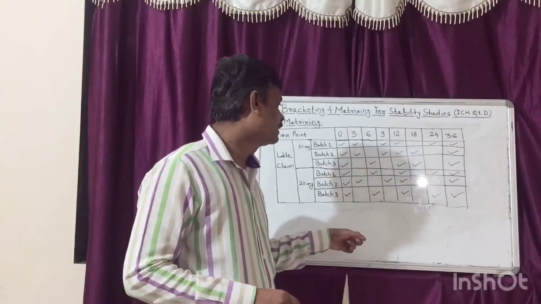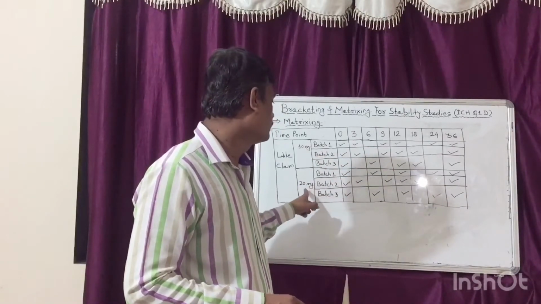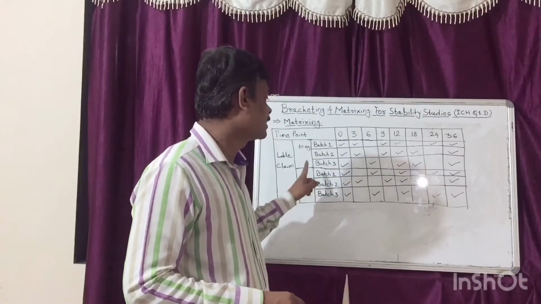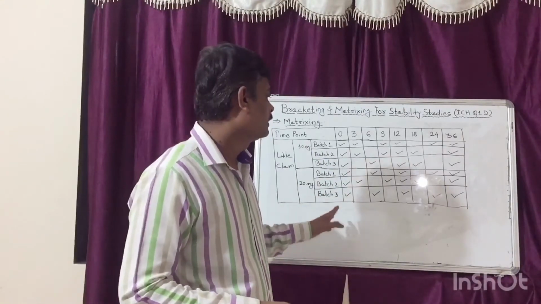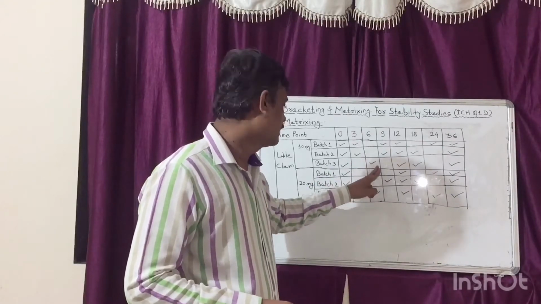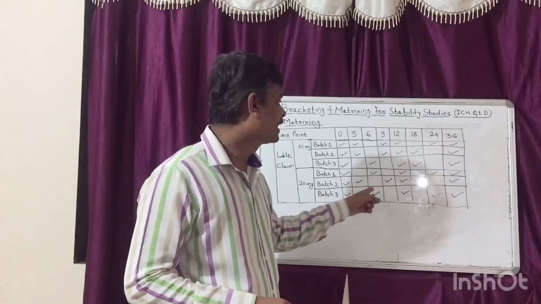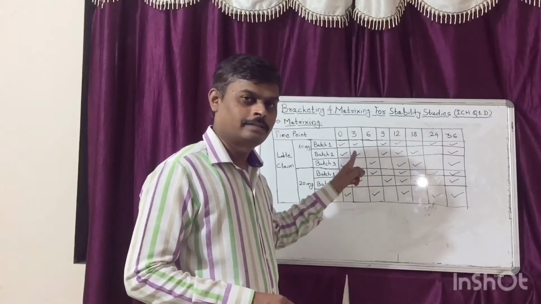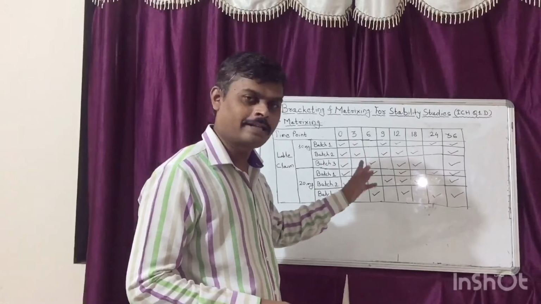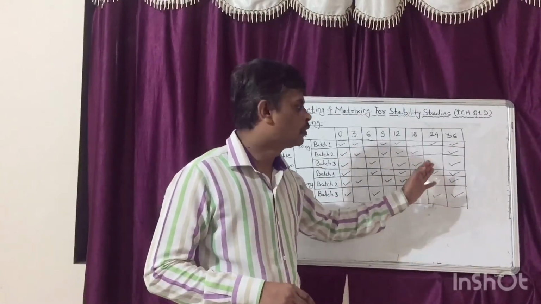Whereas at 6 months, the first and second batch of 10 mg and the second batch of 20 mg are not required to be analyzed. The remaining batches, that is the third batch of 10 mg and the first and third batch of 20 mg, would be considered for matrixing or analysis. The same pattern you can continue throughout the shelf life.